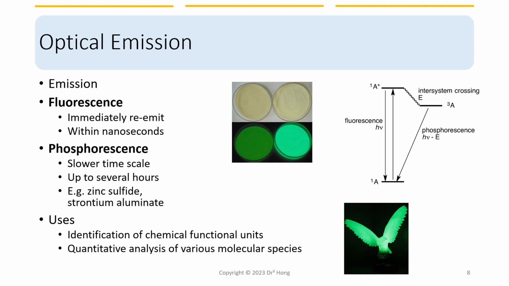Besides being used in toys, optical emission is really useful in helping identify chemical functional units and quantify various molecular species. In my lab, we routinely use fluorescent dyes to quantify binding affinities between different biomolecules.